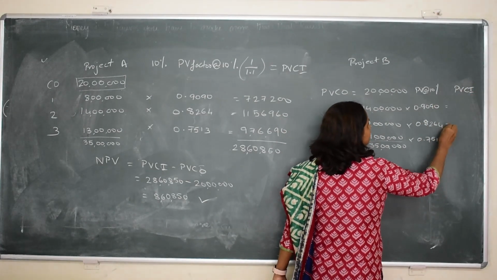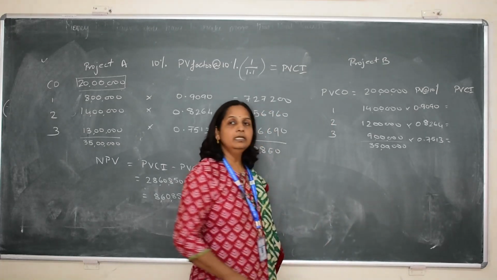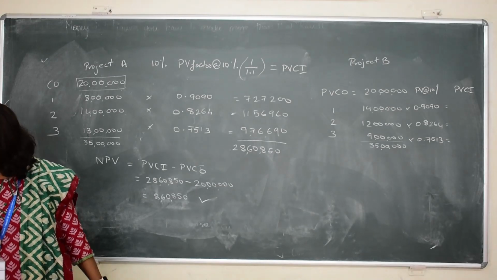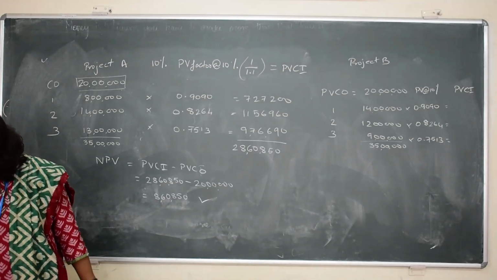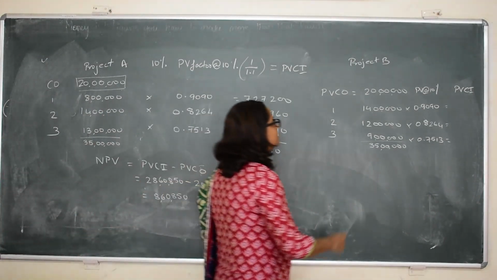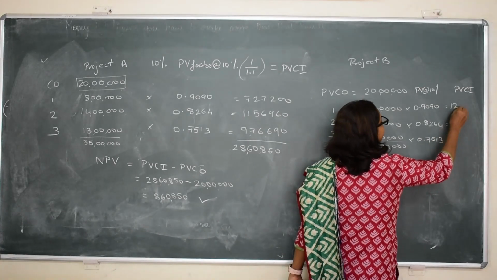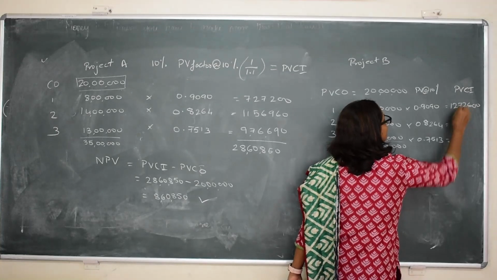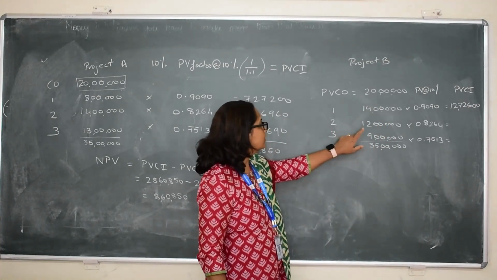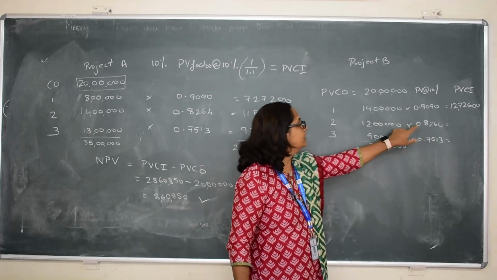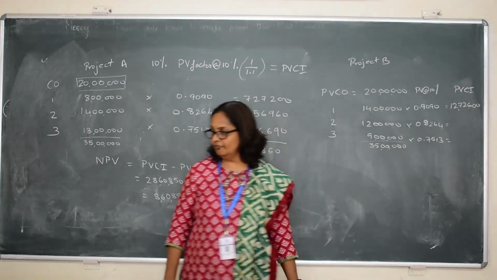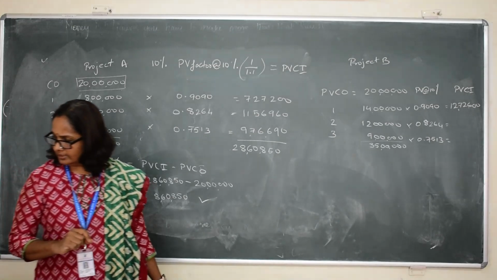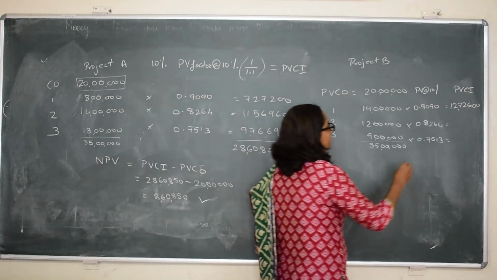For the first year, that is 14 lakhs, multiplied by the present value factor, I get 12,72,600. Then the next year's return is 12 lakhs, multiplied by the present value factor, I get 9,91,680.